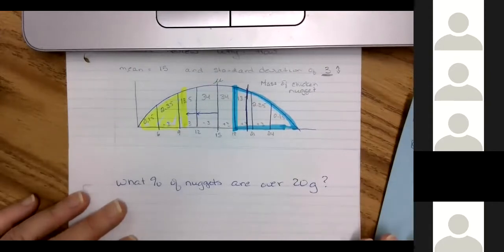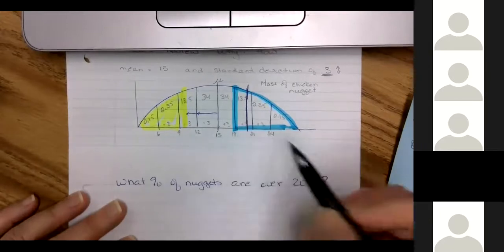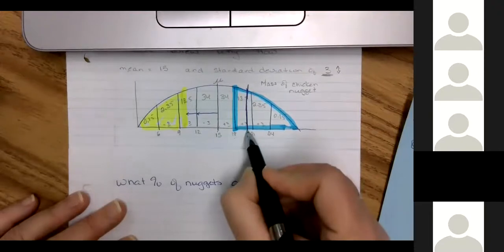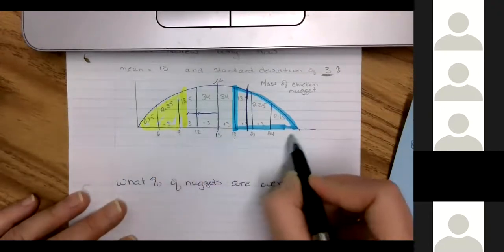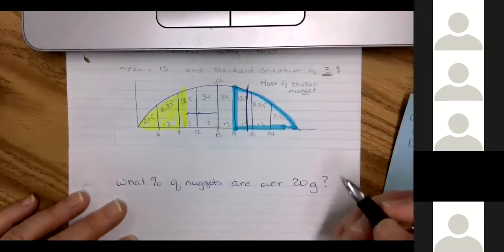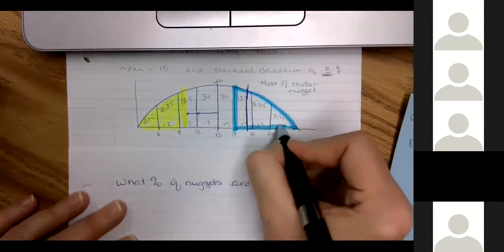Larissa, I'm going to pick on you one more time. If I want nuggets over 20 grams, so from my line here, do I want to color in the stuff to the left or to the right? To the right. Perfect. This is the part I want.